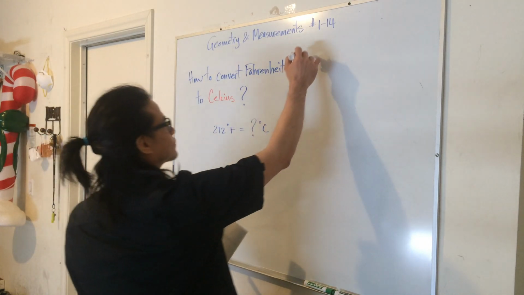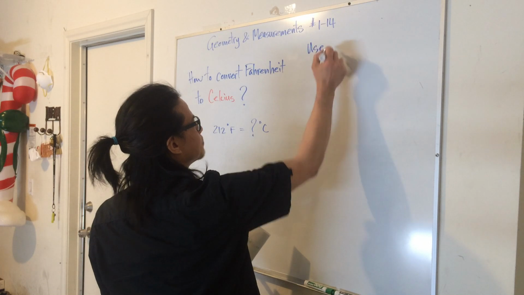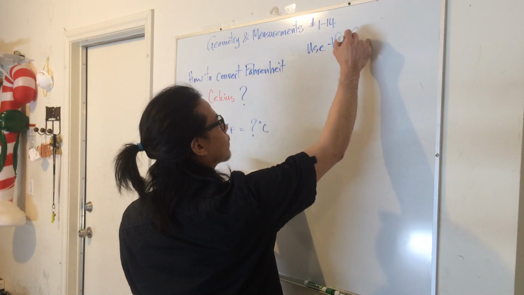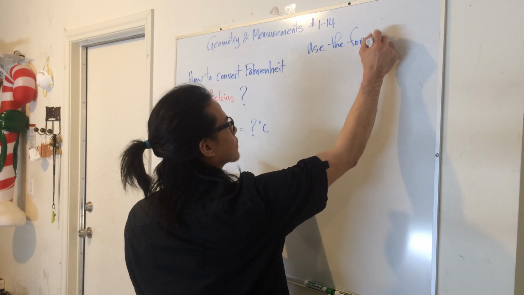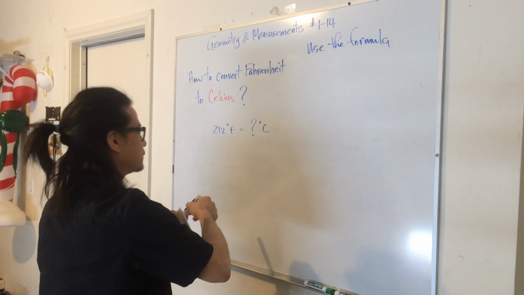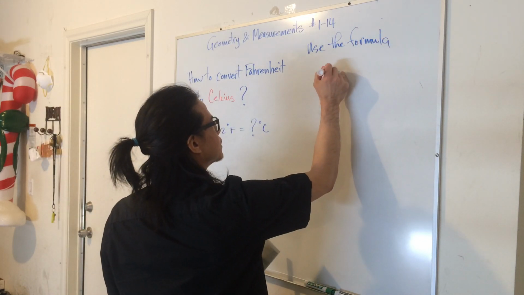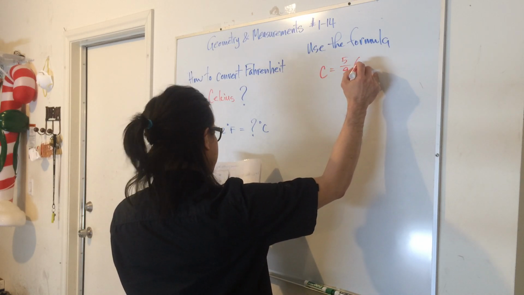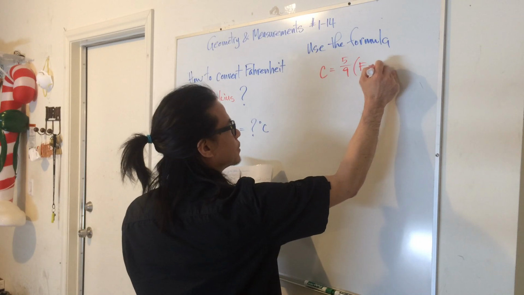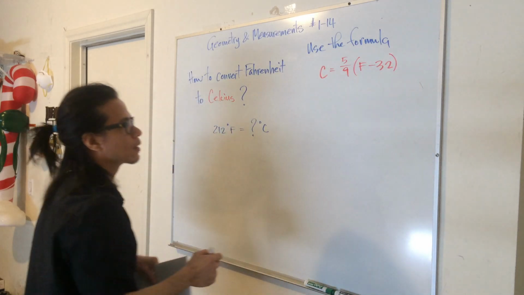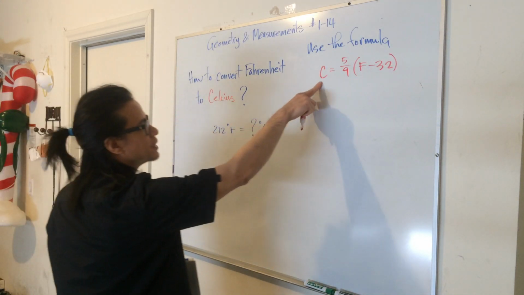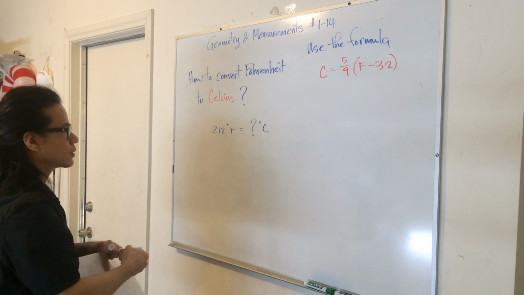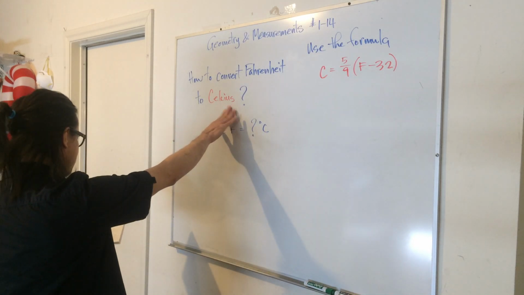So to be on the safe side, let's use the formula. C is equal to 5/9 times Fahrenheit minus 32, where C is the Celsius temperature and F is the Fahrenheit temperature. Here we're trying to find Celsius.